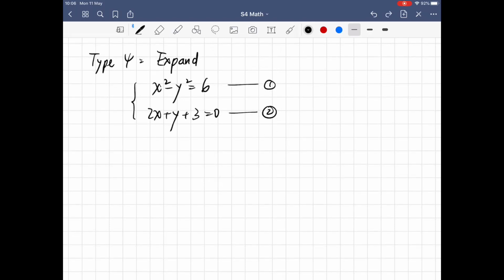So let's take a look at the last type of question, that is about expansion. Okay, and in this type of question, we have to expand the equations. Okay, so now we have two equations. The first one is x squared minus y squared equals 6. And the second one is x squared plus y plus 3 equals 0. Okay, so again, we will start with equation 2.